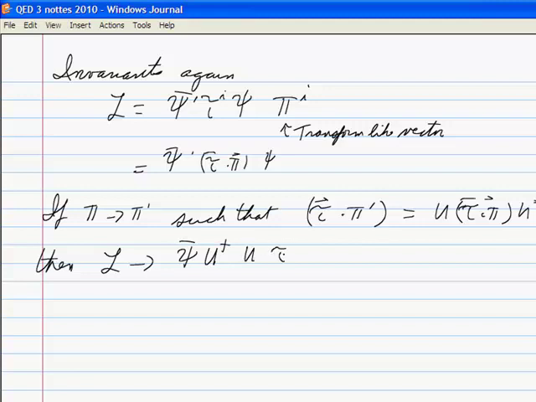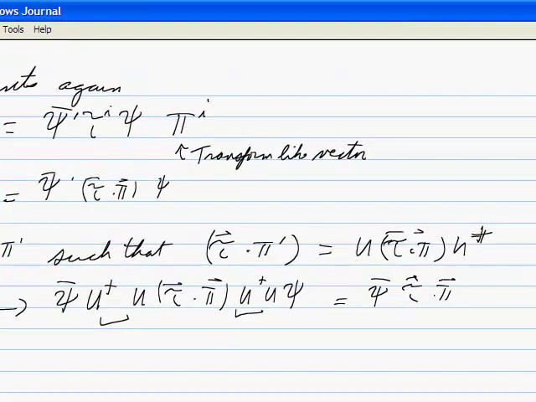This is then U tau dot pi U dagger, and psi had turned into U. So if I choose pi prime that way, then these guys cancel, those guys cancel, and this is psi bar tau dot pi psi.